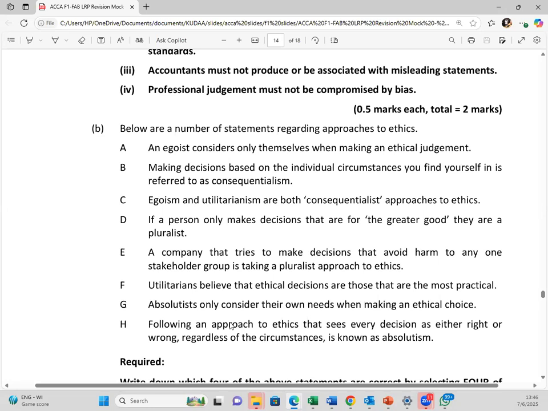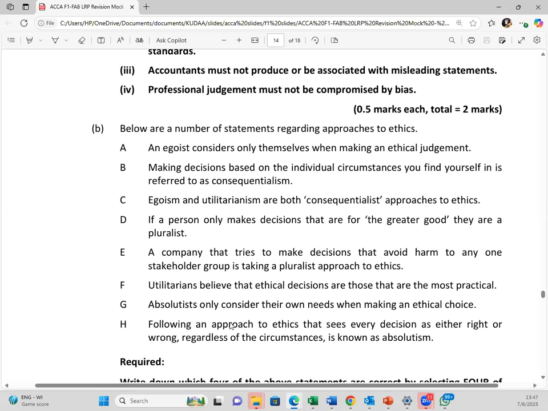We also have pluralism and absolutism. Absolutism says that certain actions are either right or wrong. We can't debate on that. Such as killing someone or taking someone's life is just regarded as inherently wrong.